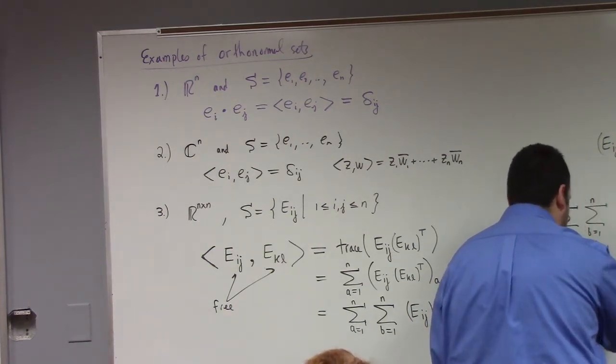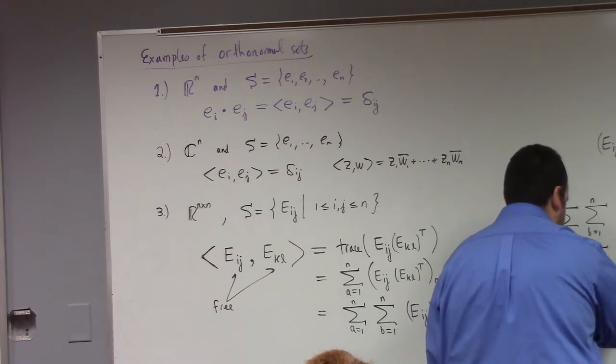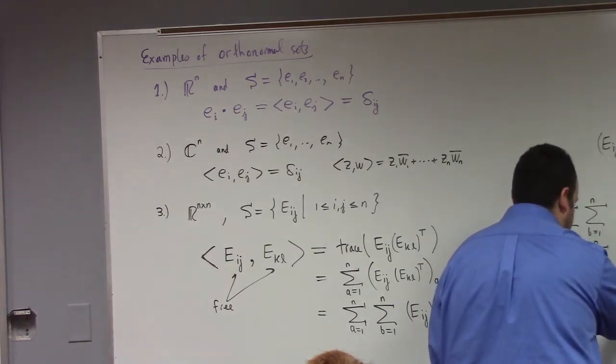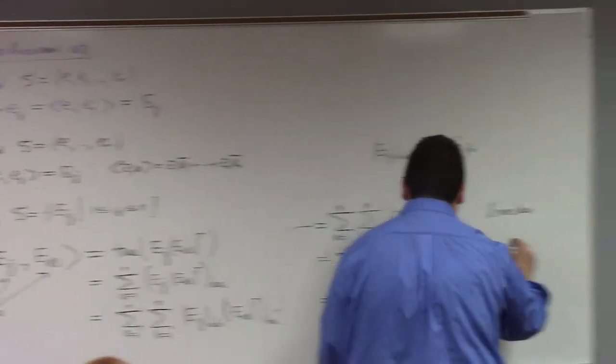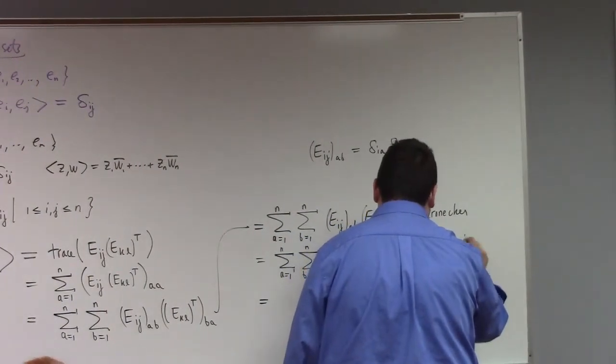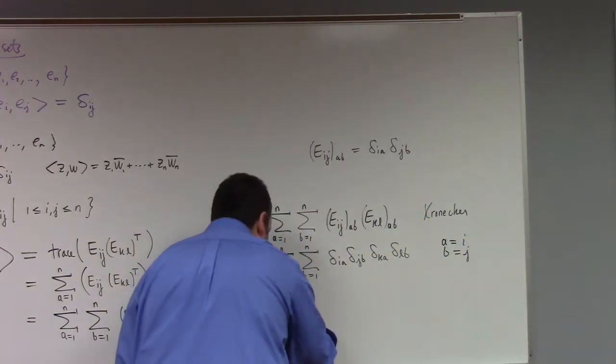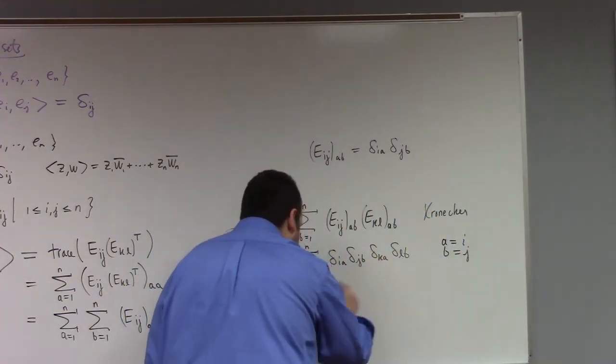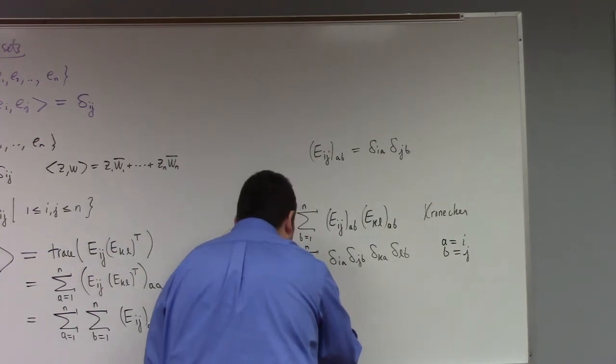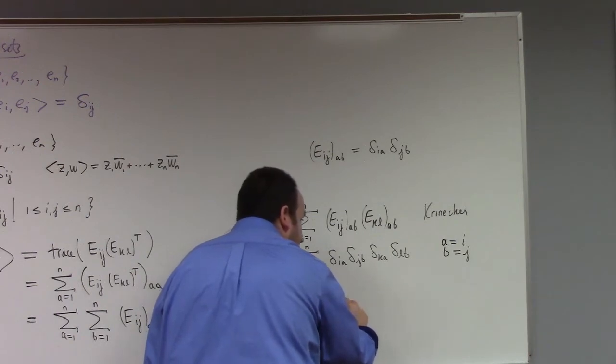So this is just 1, and B gets set to J, so that's just 1. I set A equal to I, and I set B equal to J, and it just leaves me with Kronecker delta K, A was equal to I, Kronecker delta L, and B was equal to J.